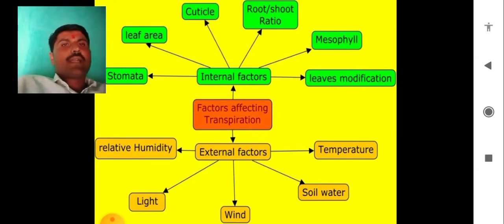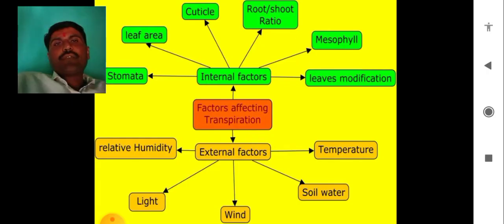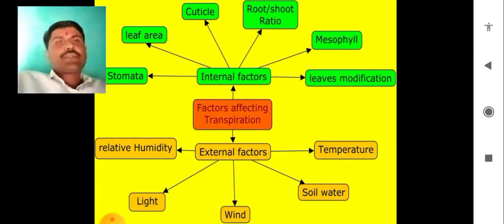Stomata are also one of the major parts in the process of transpiration. The cuticular layer is also one of the most affecting factors for transpiration. Then there is the mesophyll, that is the palisade cells and mesophyll tissues.